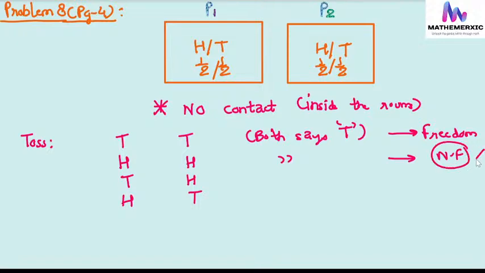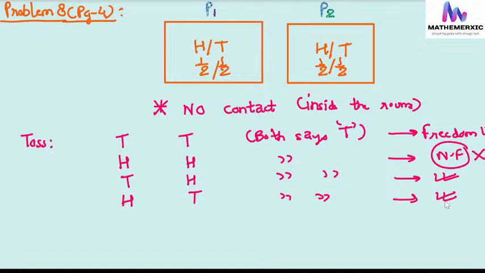And if they say tail here, that's absolutely fine. So either both should say the same thing. Only one case is not guaranteeing freedom. We have four cases possible, and out of the four cases, I can say three cases are possibilities that they will be free.